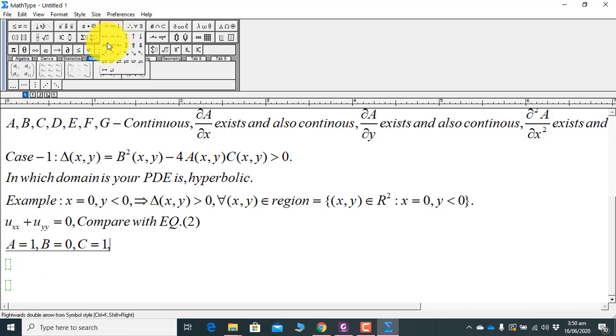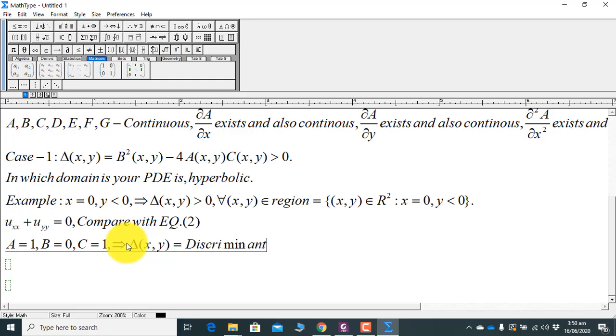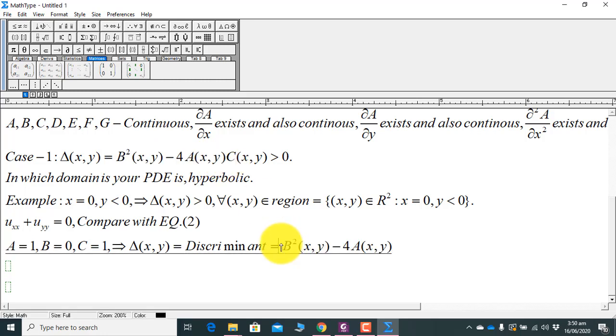The discriminant will be equal to b square minus 4ac. But b and ac are not functions of x, y, they are only constants in our case. Sometimes they can be constant, but sometimes they are not.